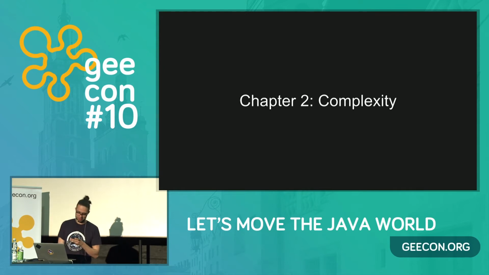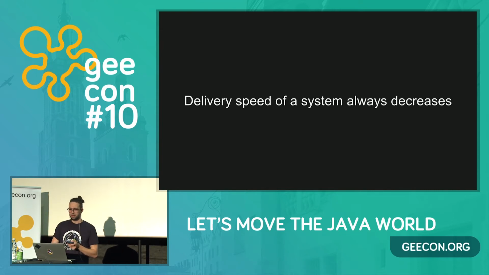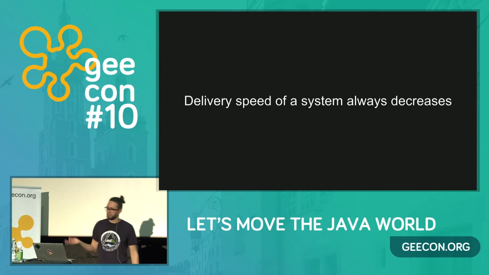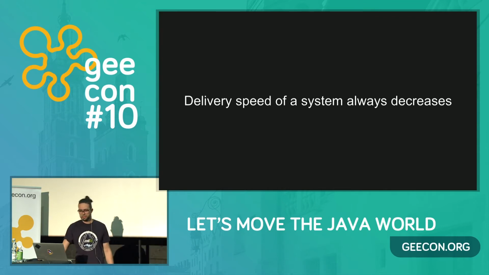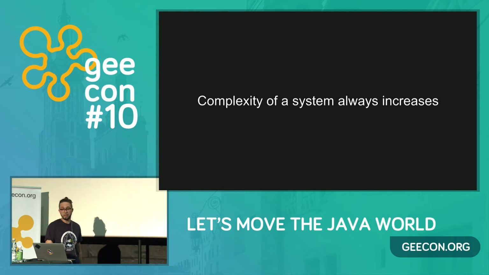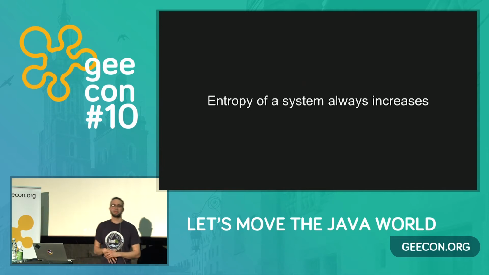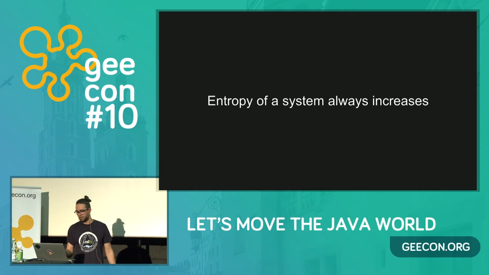Now, complexity. I'll try to rush. So this thought: if the delivery speed of a system always decreases, we know all that stuff, and that's probably because the complexity of a system always increases, and from thermodynamics we know that the entropy of a system always increases.